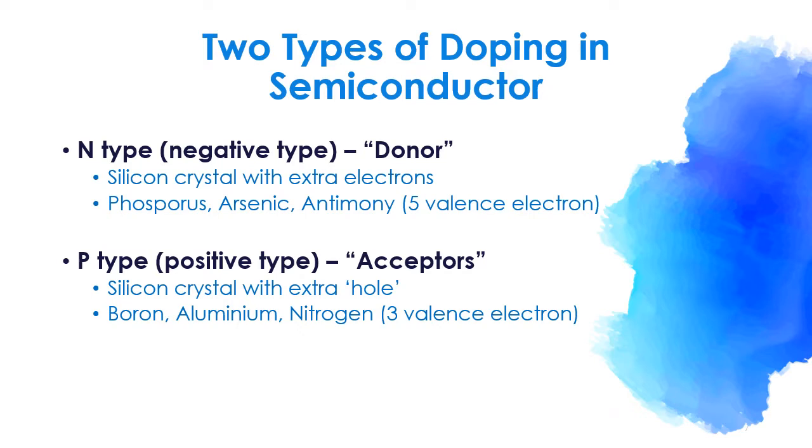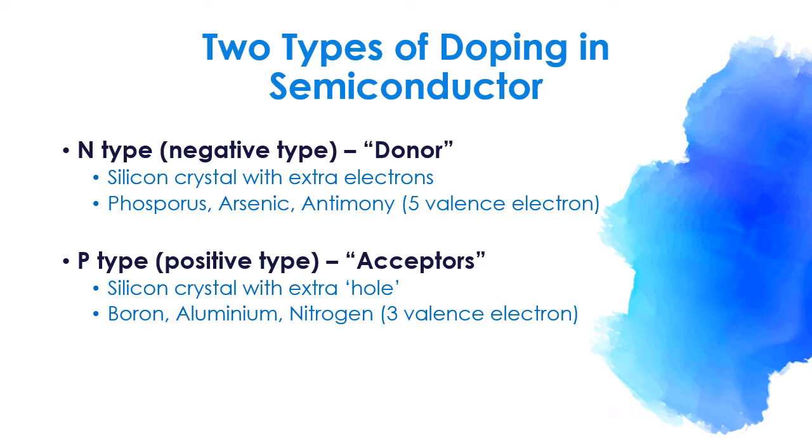One is n-type, which is the negative type, or we call it the donor. In this process, the silicon crystal will have extra electrons after doping with the n-type dopant. The n-type dopants are phosphorus, arsenic and antimony, which have 5 valence electrons.